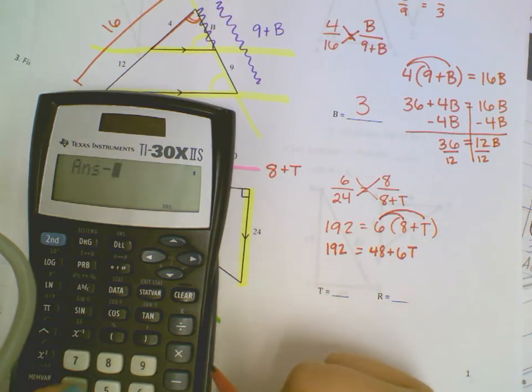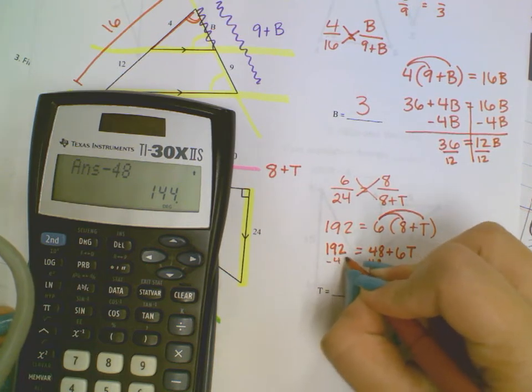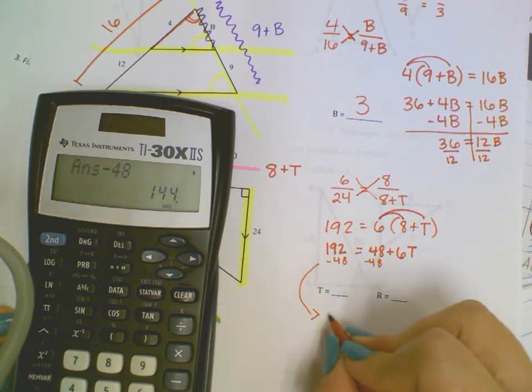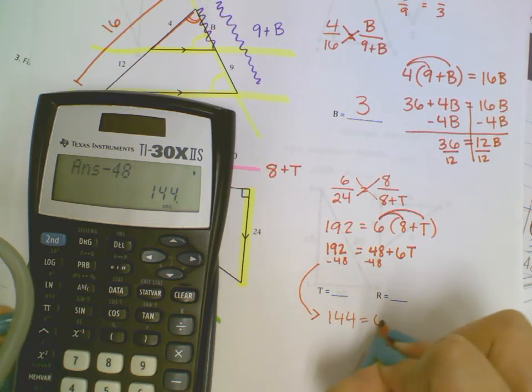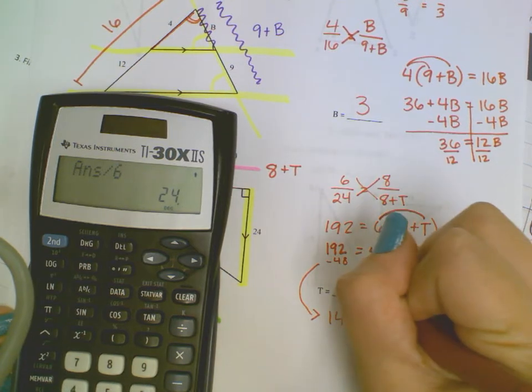Now I will subtract 48 from both sides. So minus 48, minus 48. I'm going to continue this down here so I've got room to write my answer. 144 equals 6 times T divided by 6, and T equals 24.